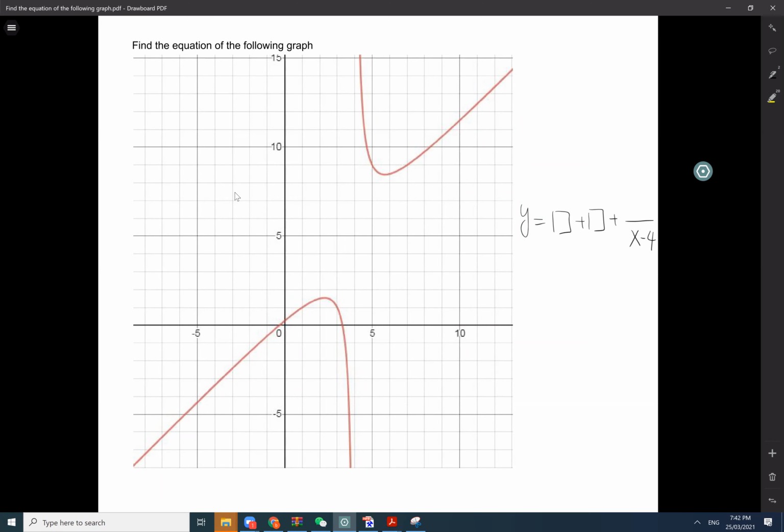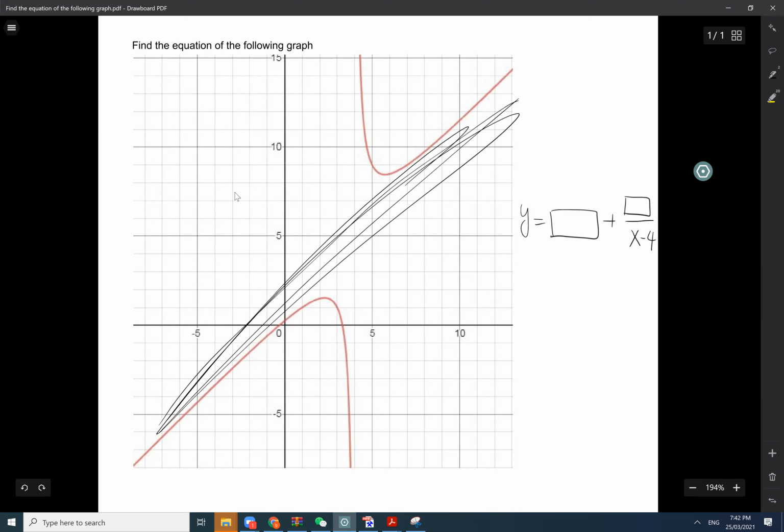I'm not sure what's in front and here. Check if you understand why I got x minus 4. Next step. We have an oblique asymptote, some line here. Try to find this equation. What equation is in the middle?